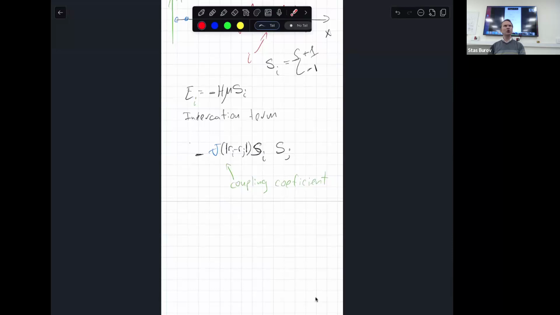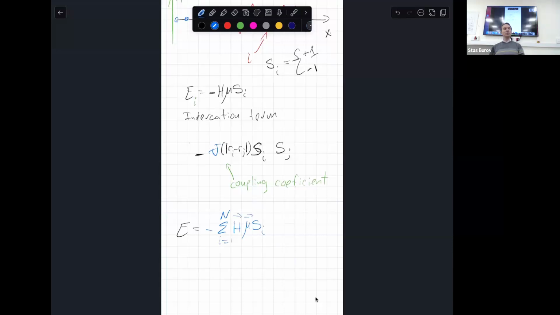So in total, what is the total energy of the system, E? The total energy of the system is the energy due to interaction with external field, but of all the spins. So it is minus, i goes from 1 to n, h mu Si.